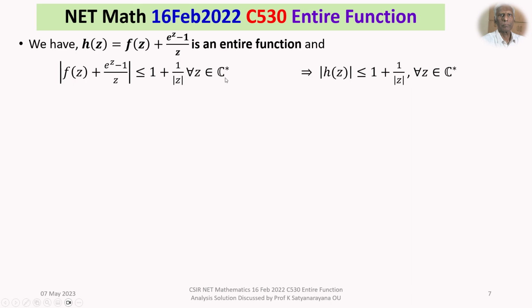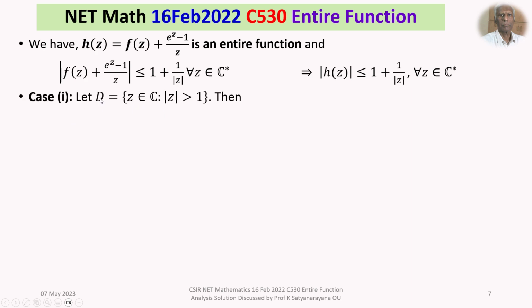This is the starting point. And this is h of z. So, mod of h of z is less than or equal to 1 plus 1 by mod z for all z belong to C star. Now, we deal with two cases.